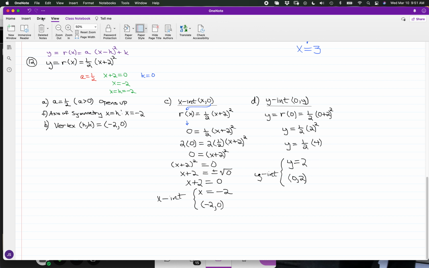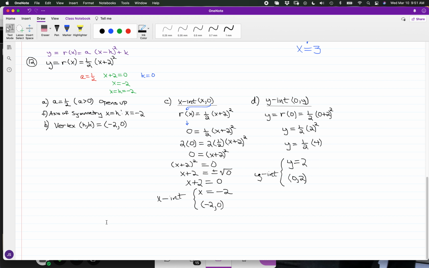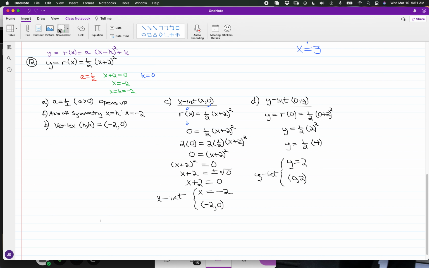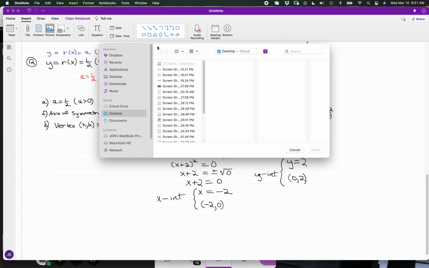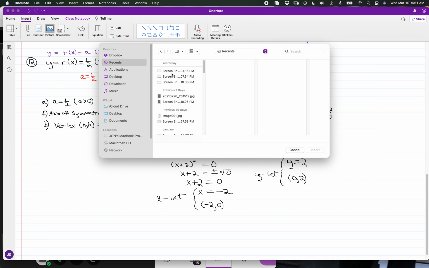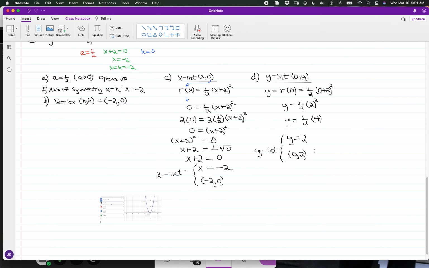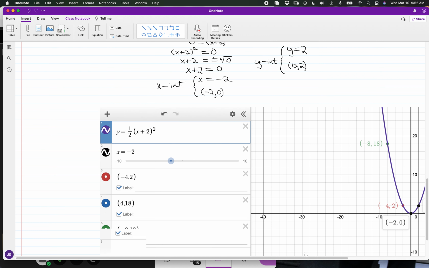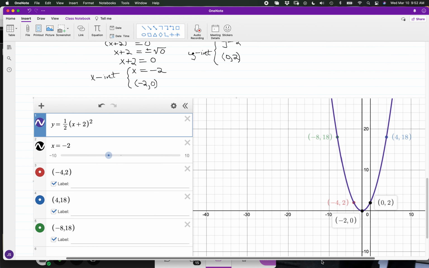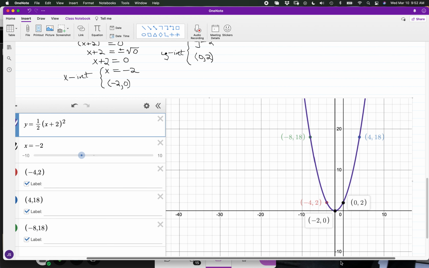And in terms of the activity that we have regarding this particular function, we have y is equal to 1/2 of the square of x plus 2.